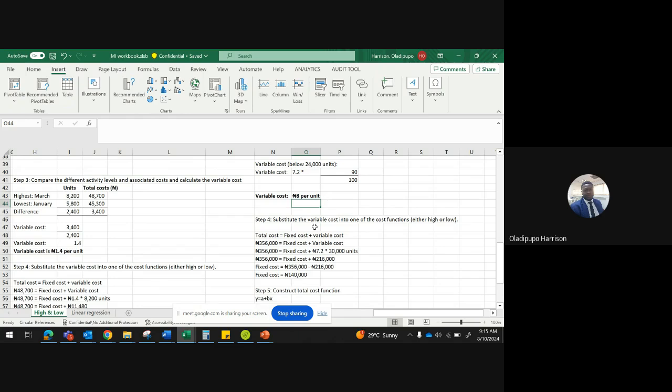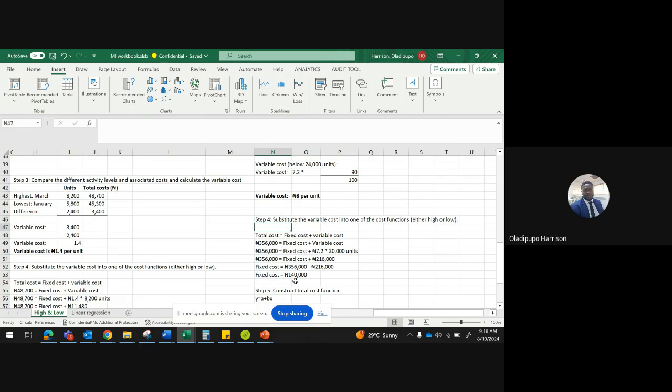What we did was above it, so we got our fixed cost to be 140. It's possible that if we use the level of activity and cost that is below 24,000, the fixed cost will change. And definitely, you will not be having a variable cost of 7.2 anymore. You have to use 8 naira per unit.